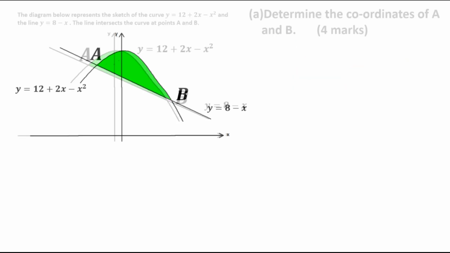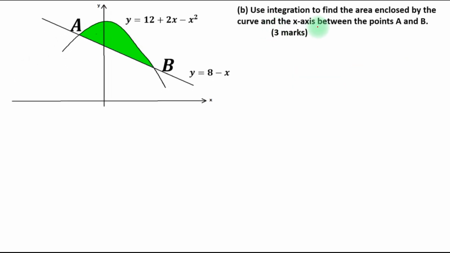Then part B of the question, we use integration to find the area enclosed by the curve and the x-axis between the points A and B. So we're going to use integration to get the area enclosed by the curve, the x-axis, and the points A, B. How are we going to arrive at this answer?